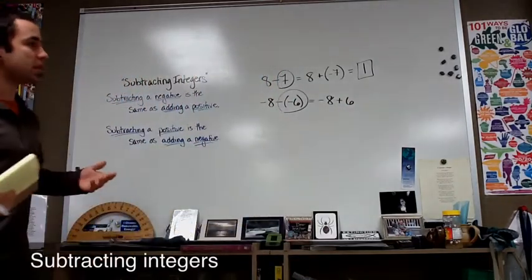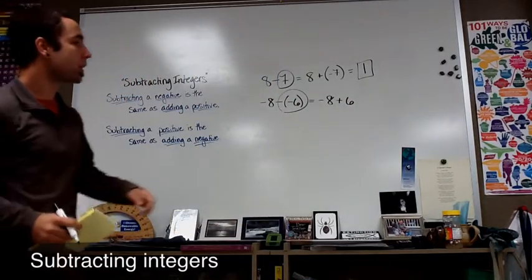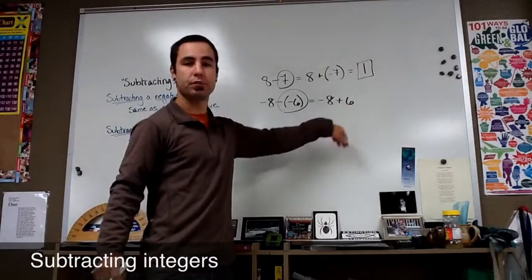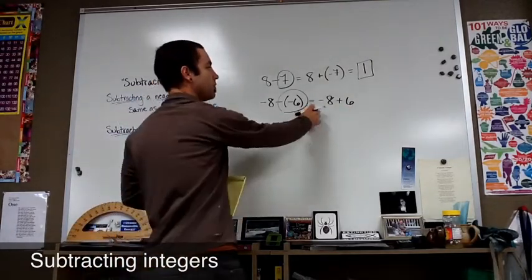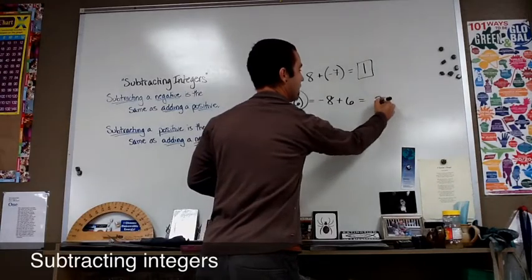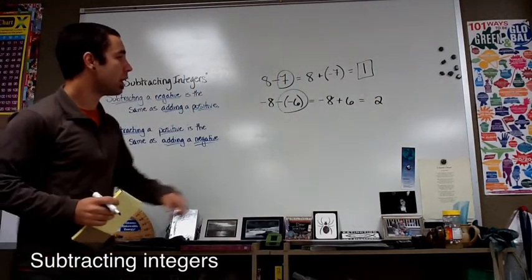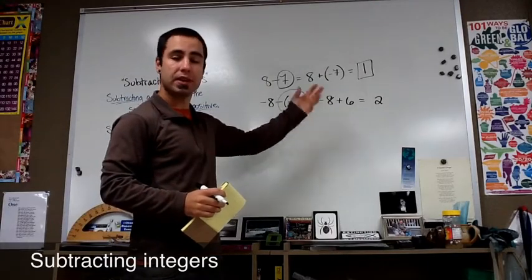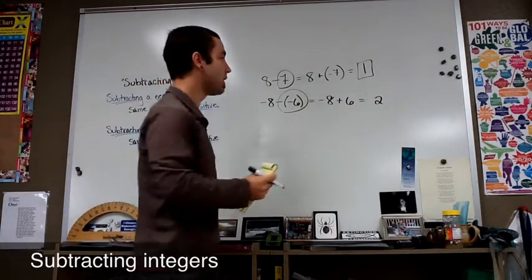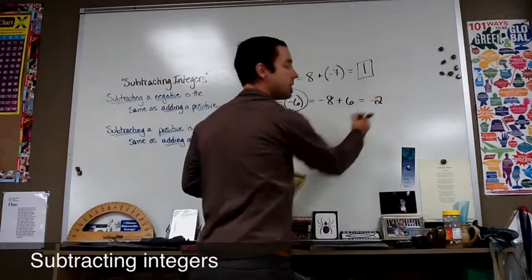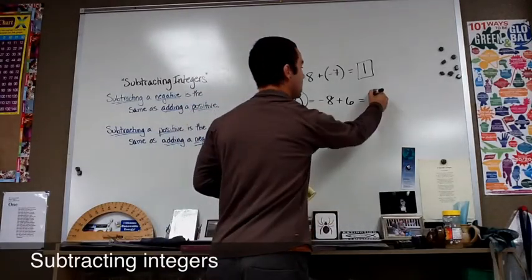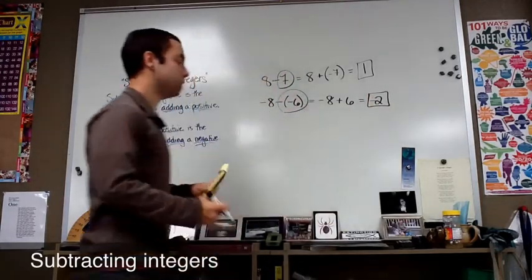So now I have the same situation I did in the first problem. I'm dealing with opposite signs, so I find the difference. The difference between these two happens to be 2. What did I have more of in the beginning? I had more negatives. So as they cancel each other, I'm still going to have some negatives left over, making my answer a negative answer. A negative 2.